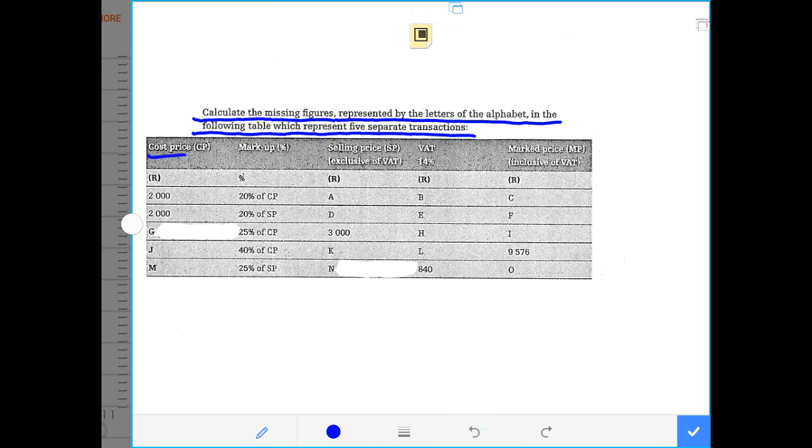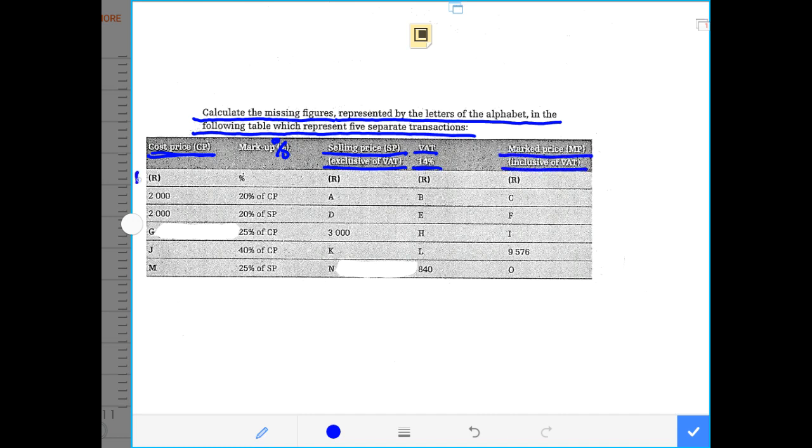We are given the cost price, we are given a markup percentage, we are given selling price excluding VAT, we are given VAT, which is 14%, and we are given marked price, which is inclusive of VAT. That means after VAT was added.